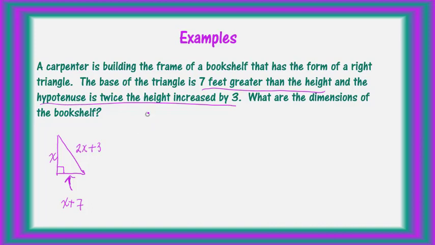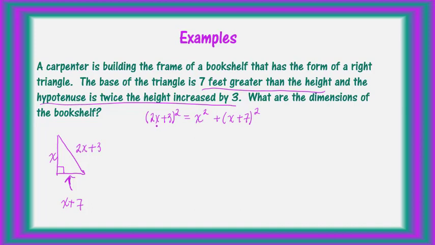Now, applying the Pythagorean theorem, we have the hypotenuse squared, so the quantity of 2x plus 3 squared equals the sum of each of the legs squared. So we have x squared plus the quantity of x plus 7 all squared.